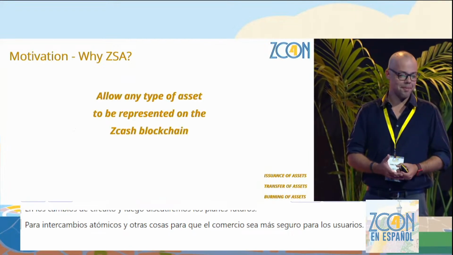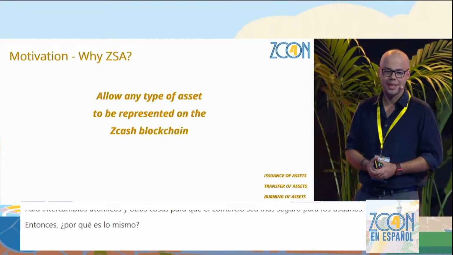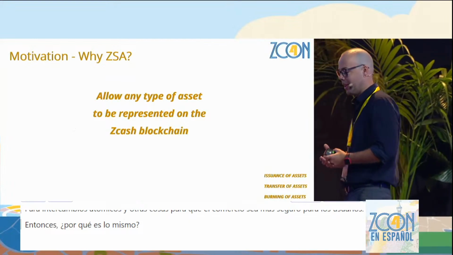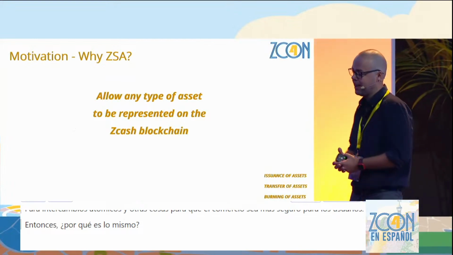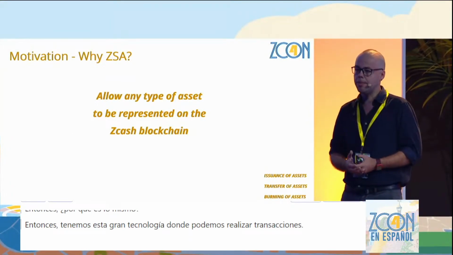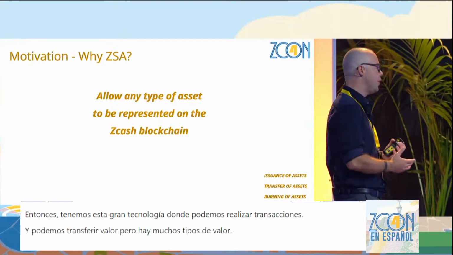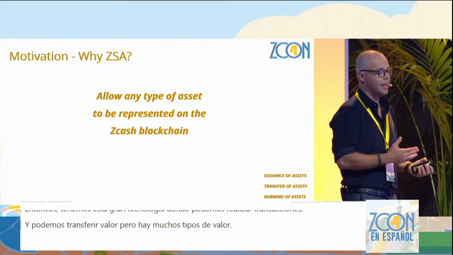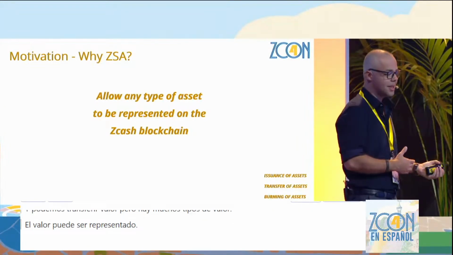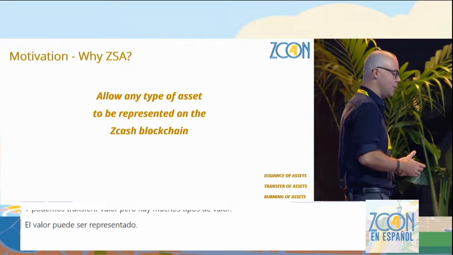So why ZSA? We have this great technology where we can transact and we can transfer value, but there are many types of value. Value can be represented as tokens, as stablecoins, as NFTs, and we want to have it all.